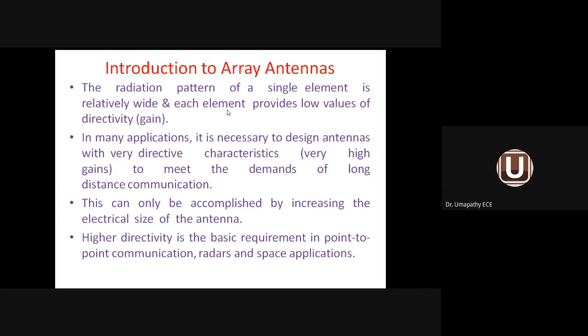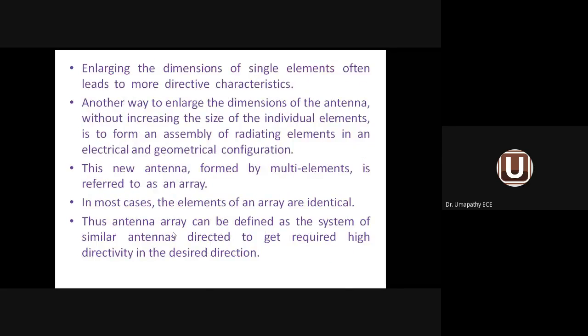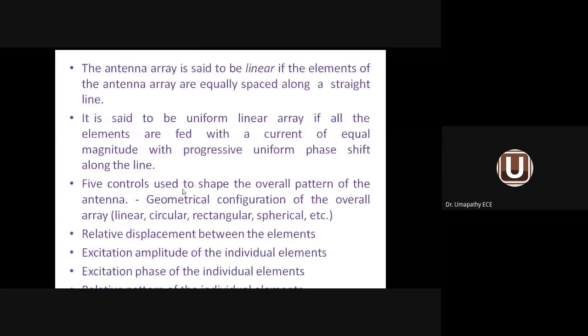So to go for a higher application, a high frequency application like point-to-point communication, radar and the space application, I would like to go for antenna array. In that case, I can increase the directivity as well as the gain parallelly, thereby increasing the electrical size of the antenna. So there are 5 parameters, the binding factor with respect to overall radiation pattern of the antenna.